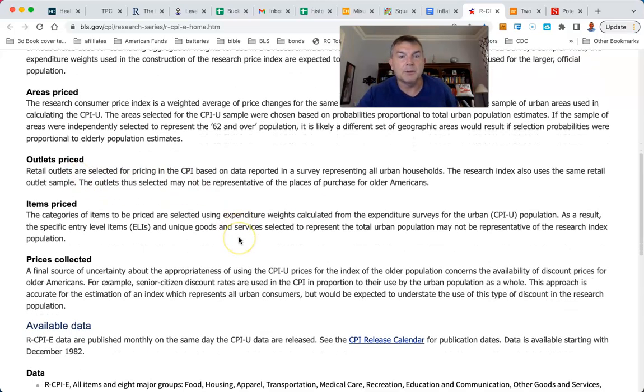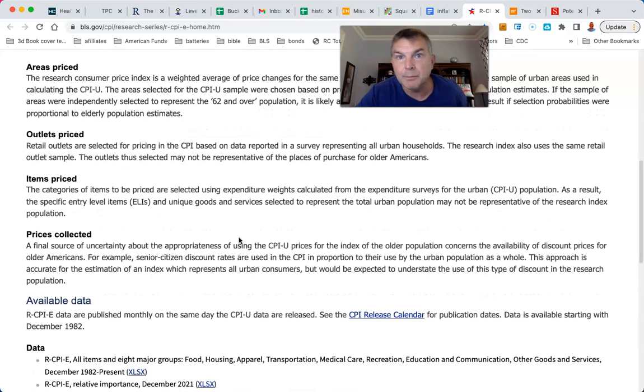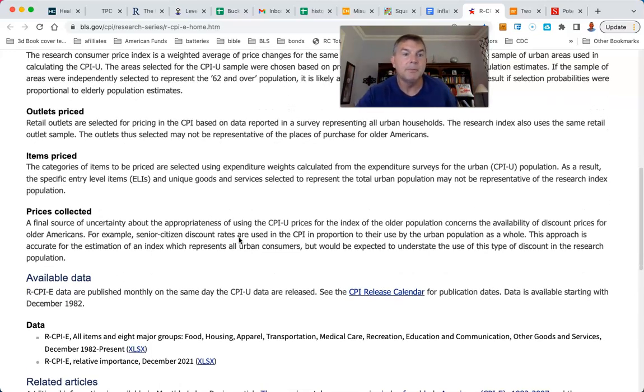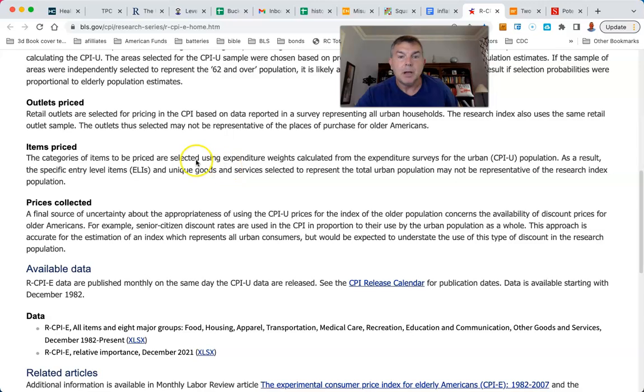Outlets: retail outlets are selected for pricing based on data reported in surveys representing all urban households. Older people presumably shop at different places than younger people. Items priced: the categories of items to be priced are selected using expenditure weights calculated from the surveys for the total population.